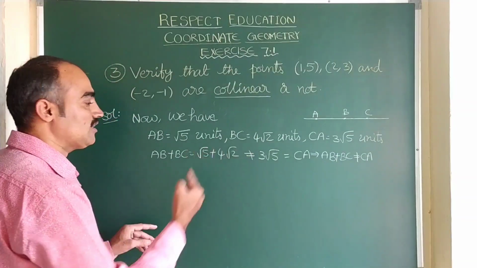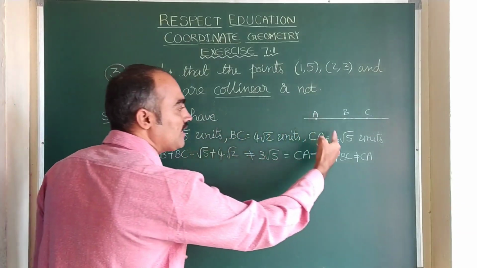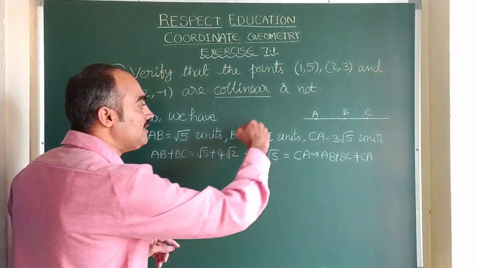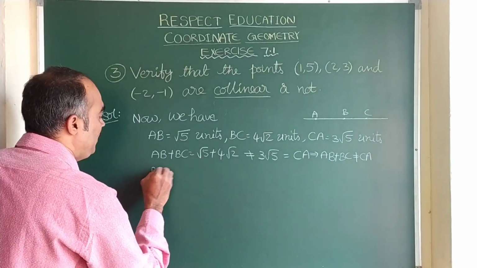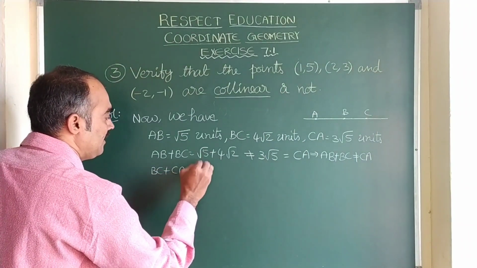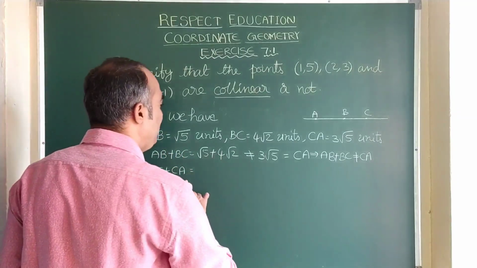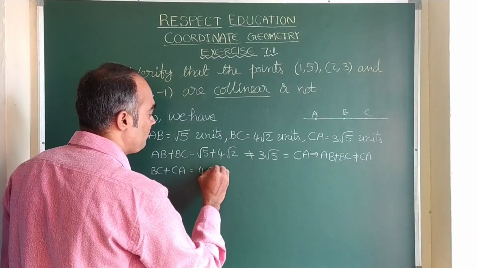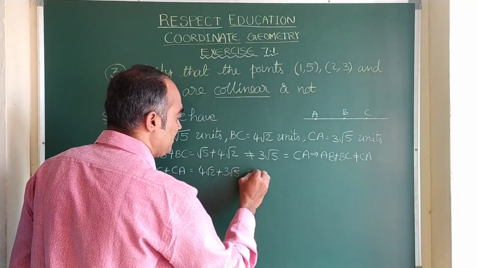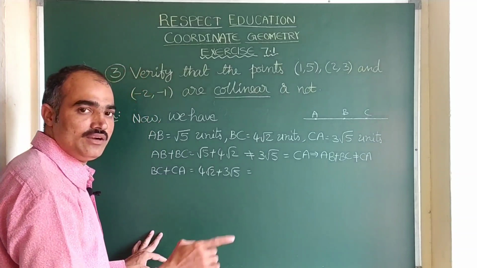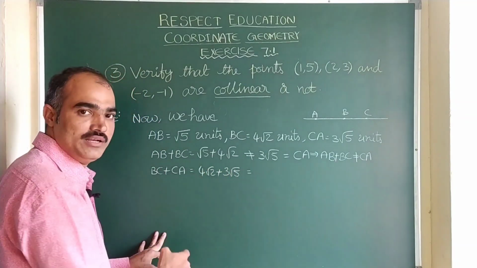Right. Let us check the other option. First we added the first two, where we are not getting the third one. Now we add these two, BC plus CA. Let us check whether BC plus CA, on adding them, can we get at least AB or not? BC is 4 root 2 plus CA is 3 root 5. These two are not like terms, so we cannot add them until and unless we substitute the root 2 value and root 5 value.